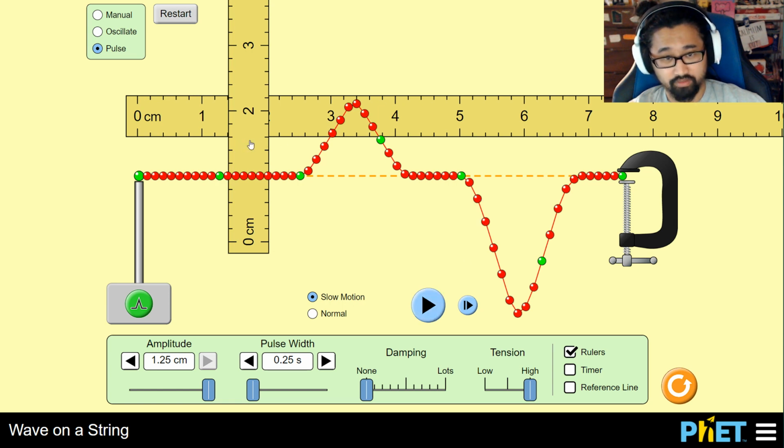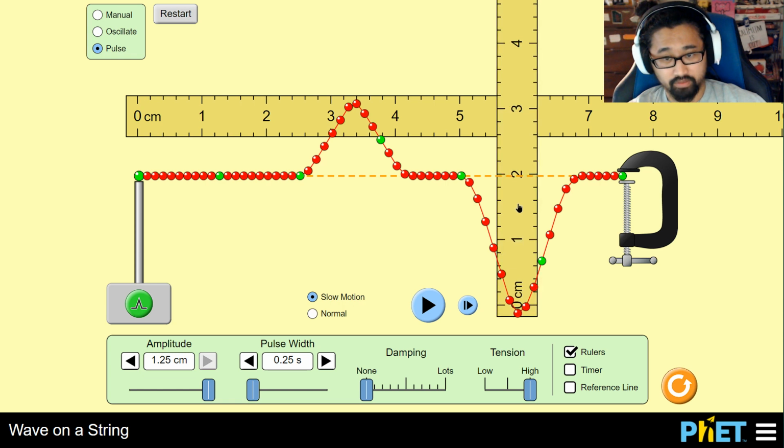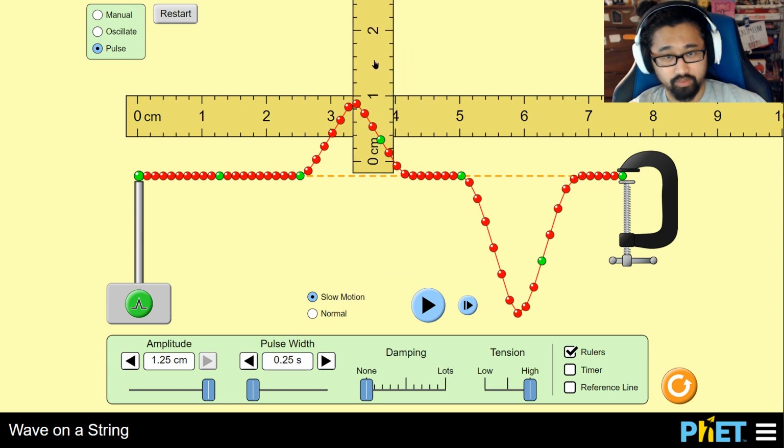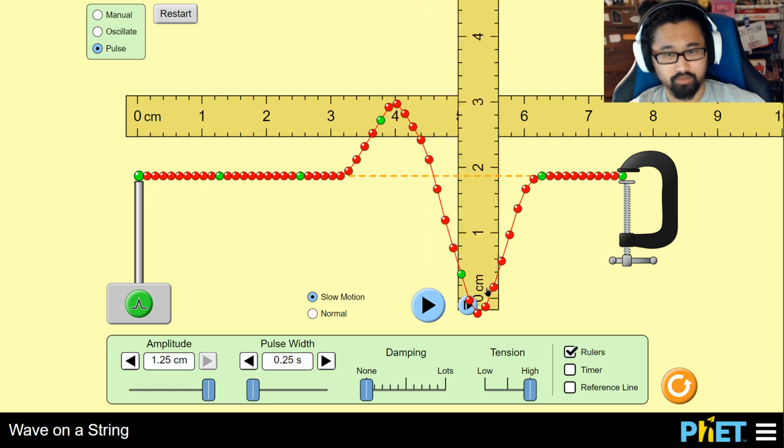Now, here's the better version. This wave down here is almost exactly 2 centimeters. This wave up here, we know should be 1.25. Oh, sorry, that's 0. Yep, so that's about 1.25.